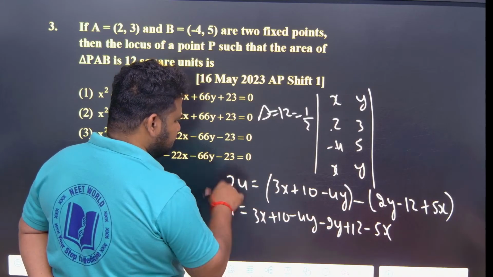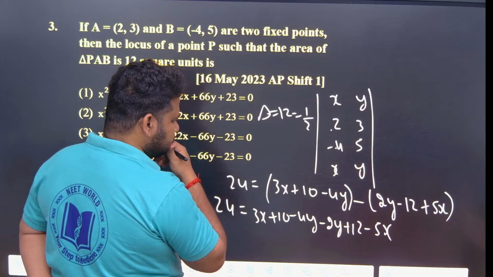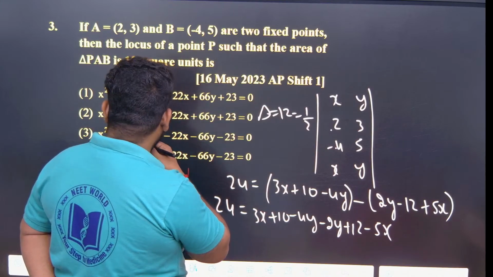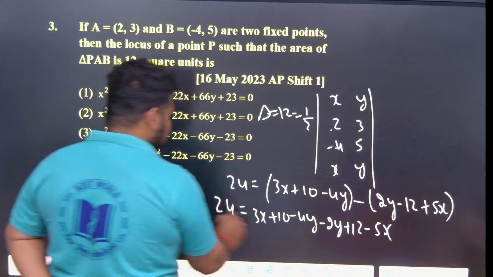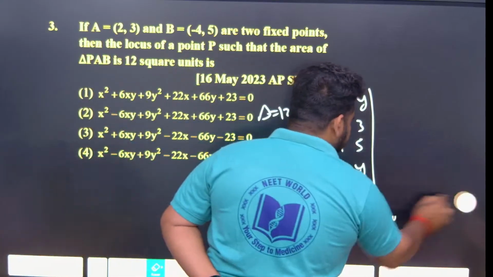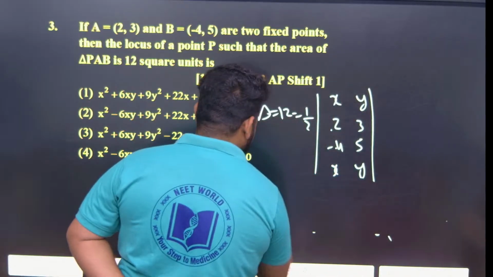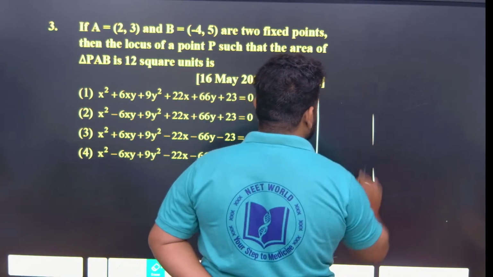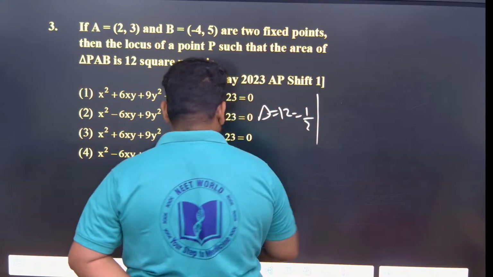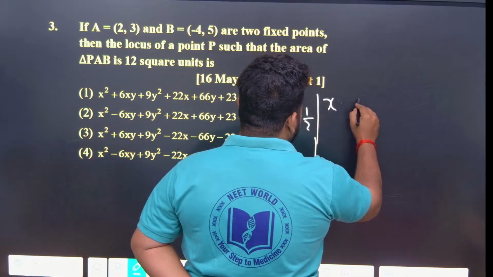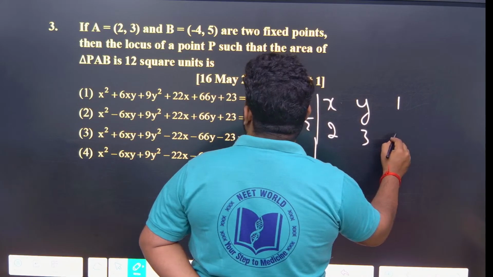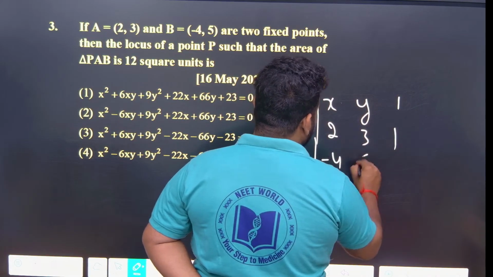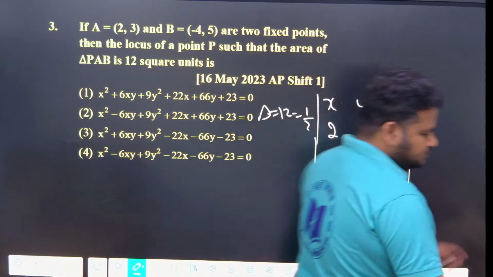Just wait, let me try the normal method. So I will write x1, y1, 1, then 2, 3, we will get the same only, minus 4, 5, 1. Let me check the question once.